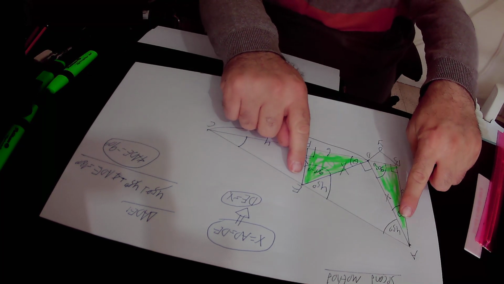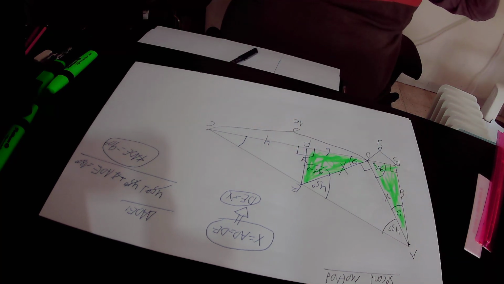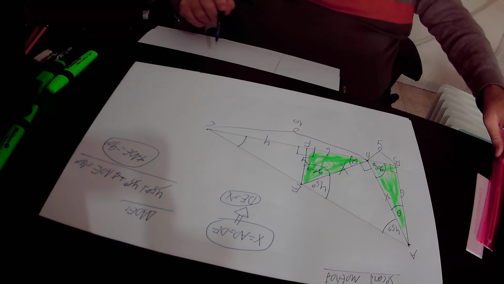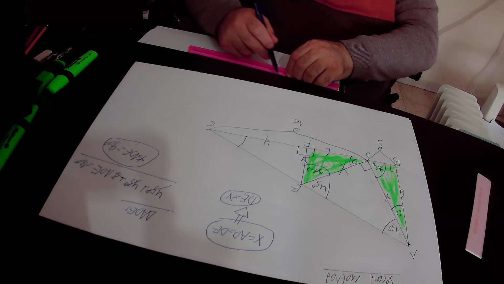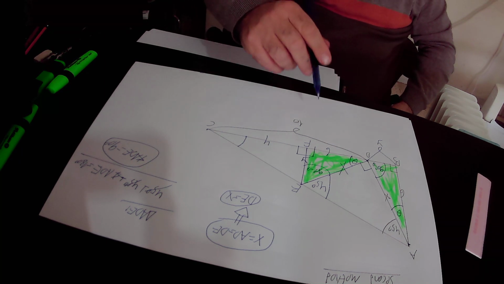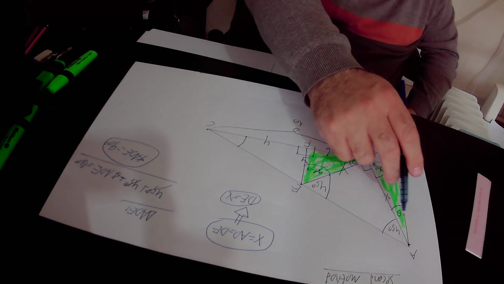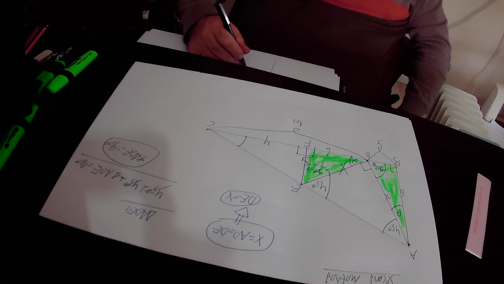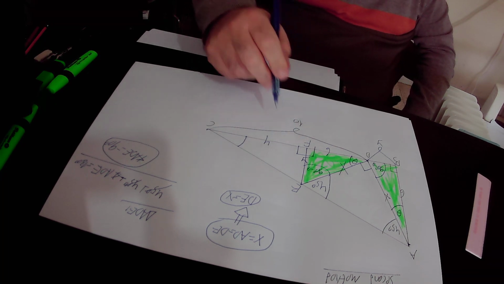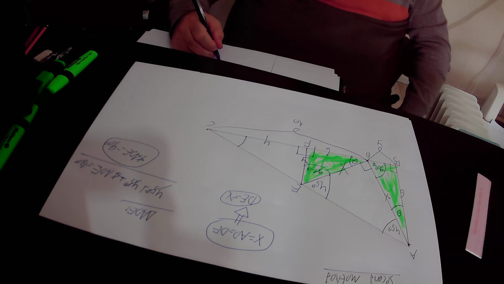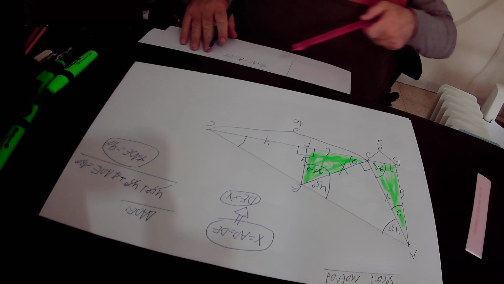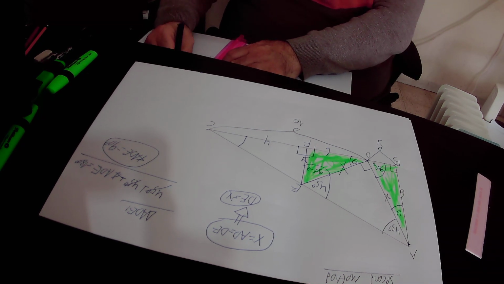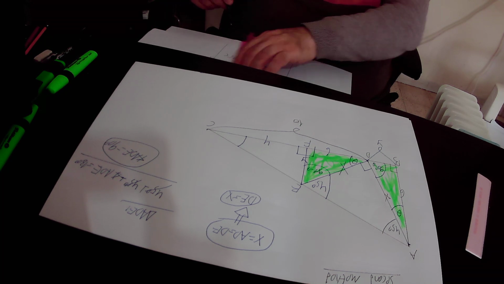Those two angles are also equal to each other according to the third angle theorem. So I will write it down. Angle BAC in triangle ABC is equal to angle FEC in triangle EFC, and they are equal to each other according to the third angle theorem.